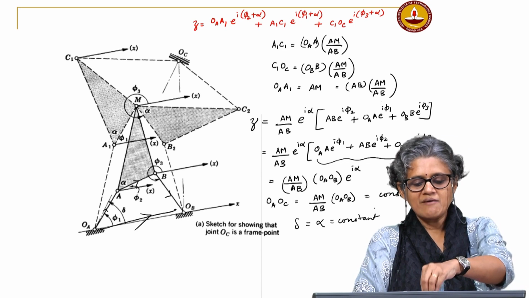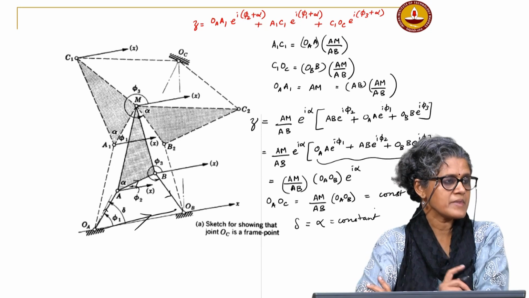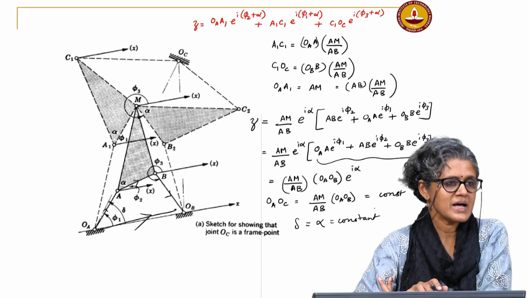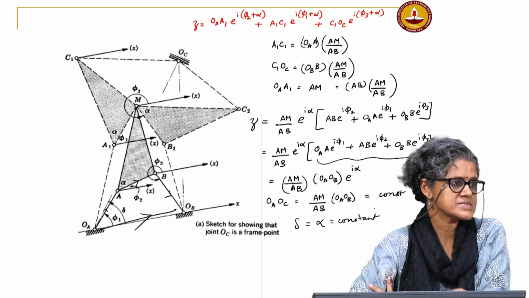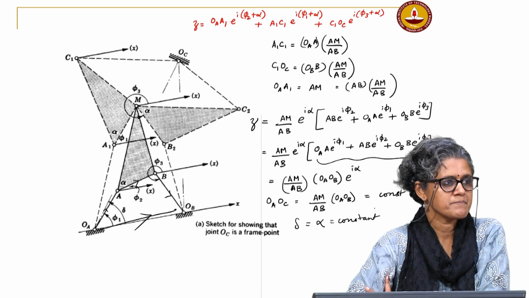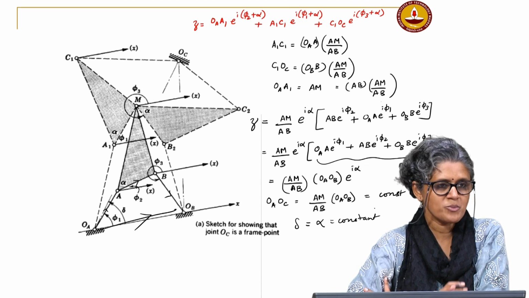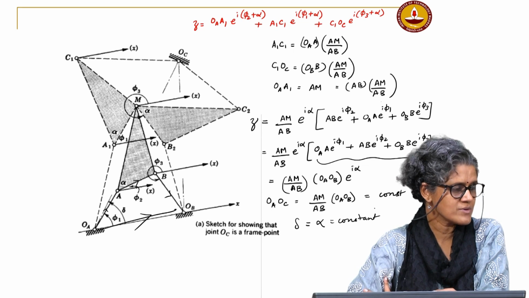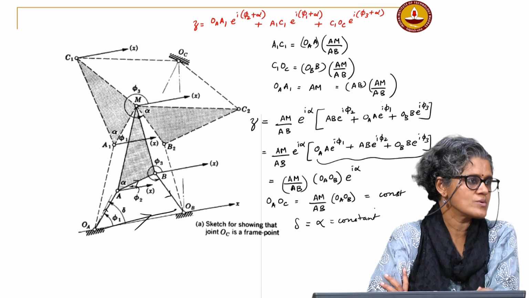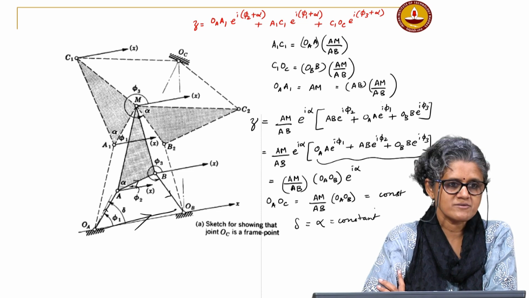Even if I do not have a fixed pivot there, that point will not move, because its location as this linkage moves remains the same. Okay. So, this is a geometric proof of why these other 2 linkages will also generate the same coupler curve.